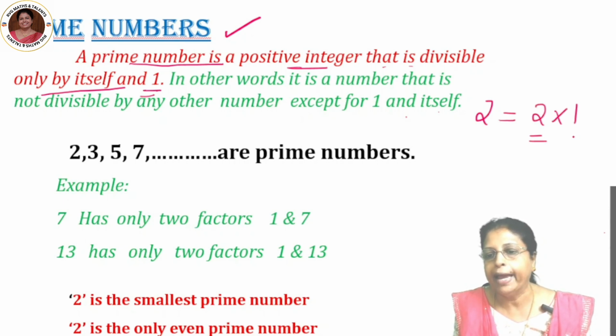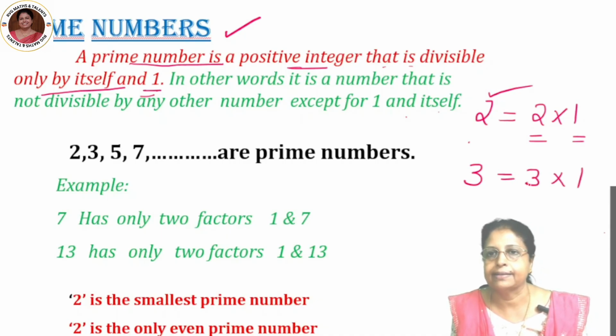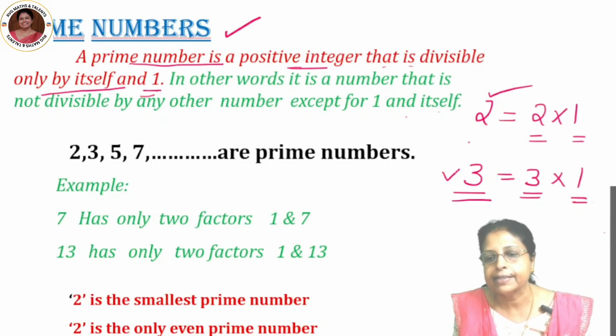That means 2 and 1 are the only factors of 2. You can take 3. 3 can be written as 3 times 1. No other factors, is it? That means 3 and 1 are the only factors of 3. Then you can say 3 is a prime number.